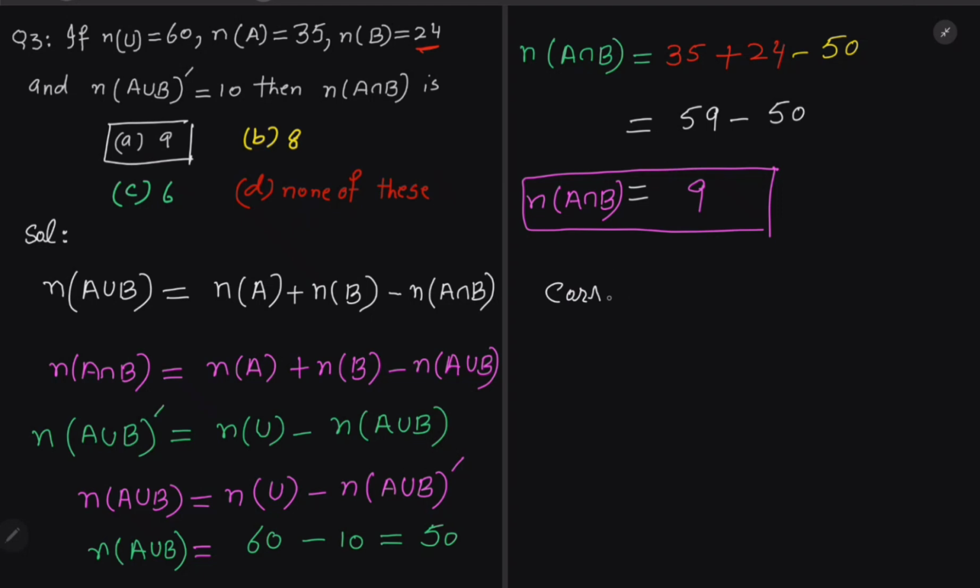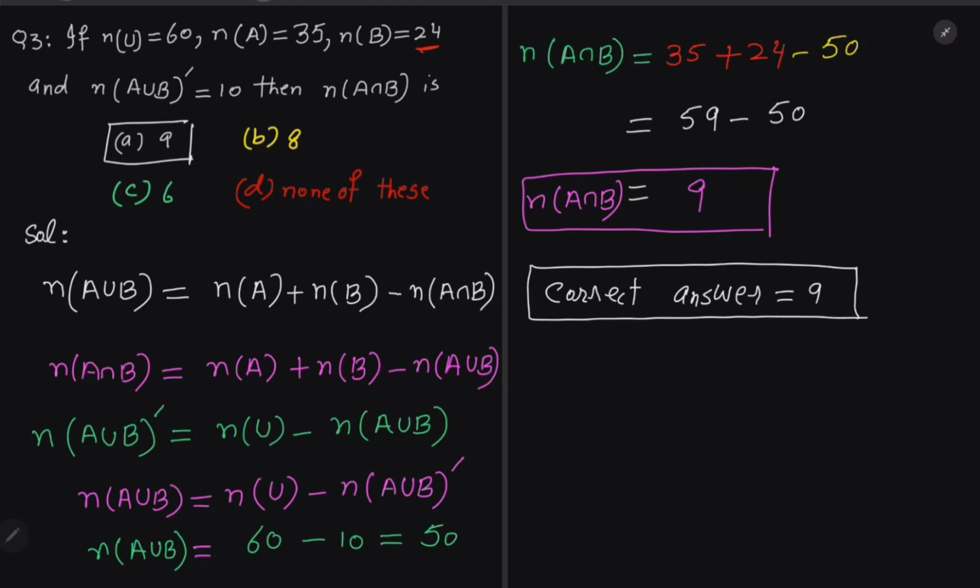The correct answer is equal to 9. So this was a very interesting question where you needed some information from another formula and get that value and put it into the correct formula.